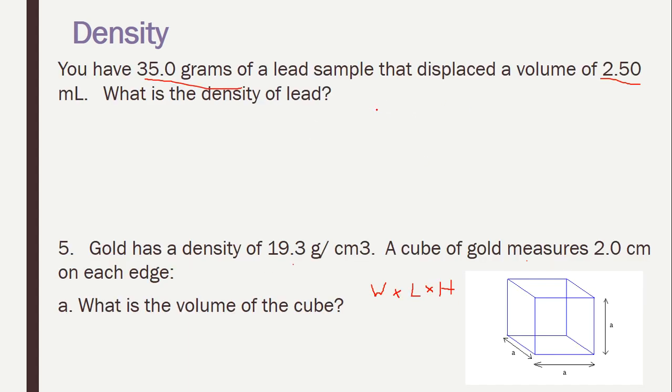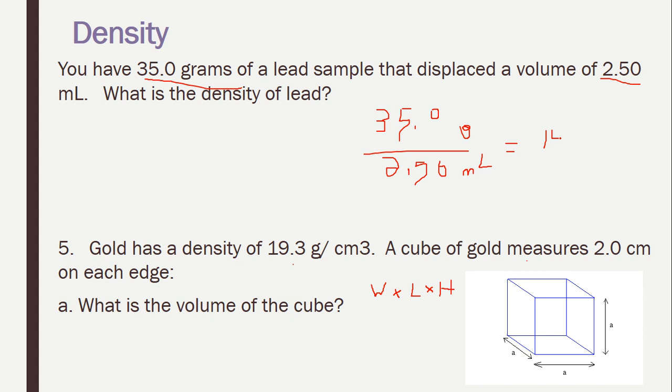So our mass is 35 grams, and that has 3 significant digits. And we're going to divide it by the 2.50 milliliters. And that will give us a density then of 35 divided by 2.5, which is 14.